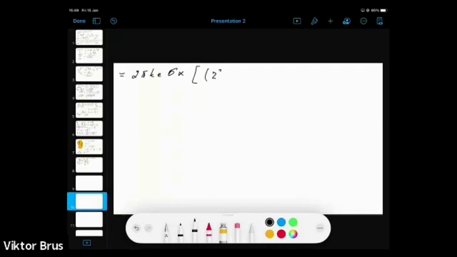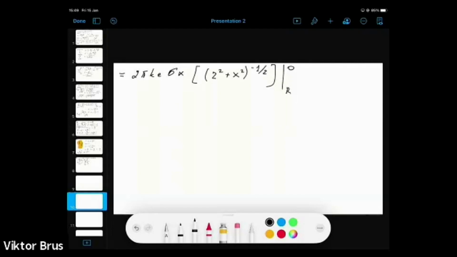We have r squared plus x squared to the power of minus 1/2. And this will be from R to 0. So I changed the order for the integral because we had a minus after integration.